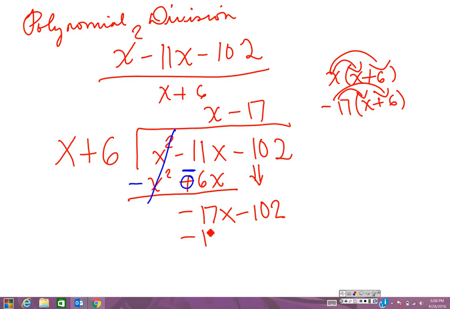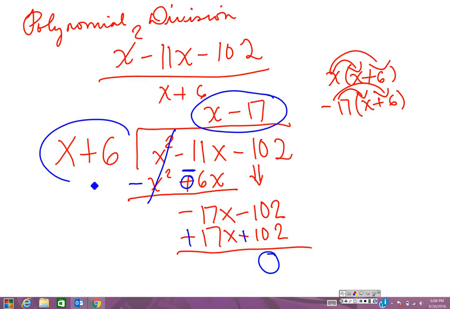We get negative 17x minus 102 again. And as always, we subtract or change the sign. So we have a 0 remainder. So the answer is x minus 17. Now, it turns out, just like regular division, if we multiply these two things together, we get x squared minus 11x minus 102.